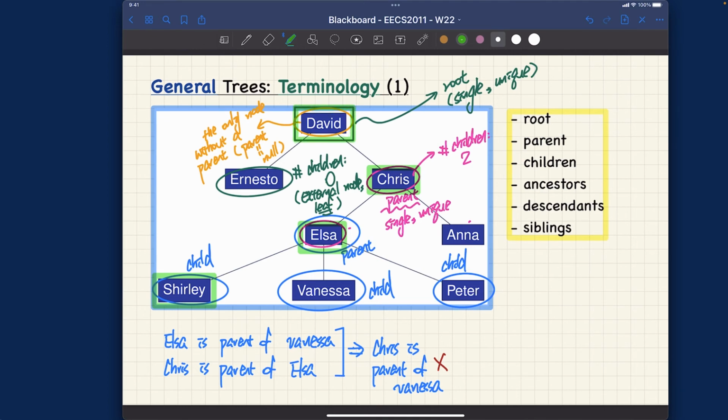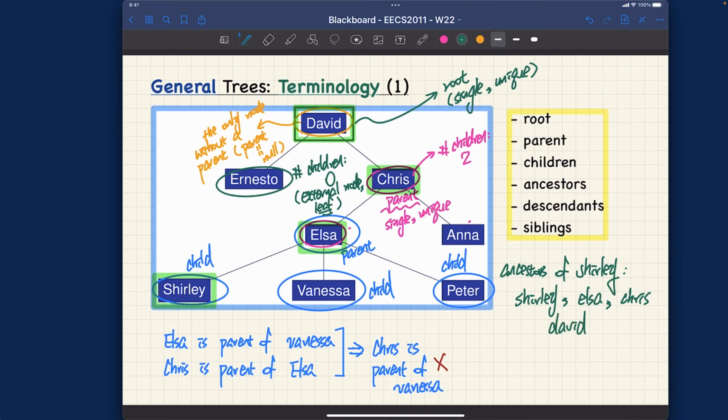So the green one over here is the so-called ancestor. The ancestor of Shirley is going to contain Shirley herself, and also Elsa, and also Chris, and all the way until the root of the tree, which will be David.